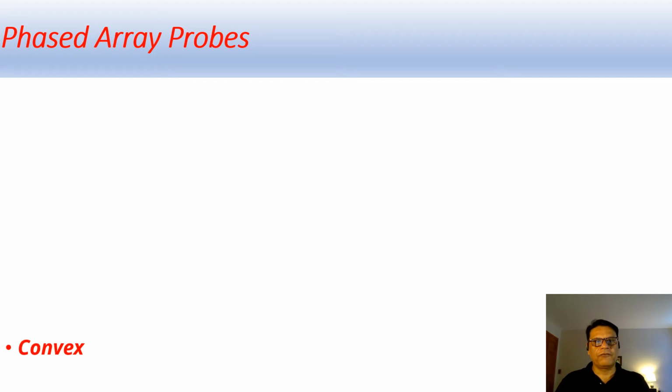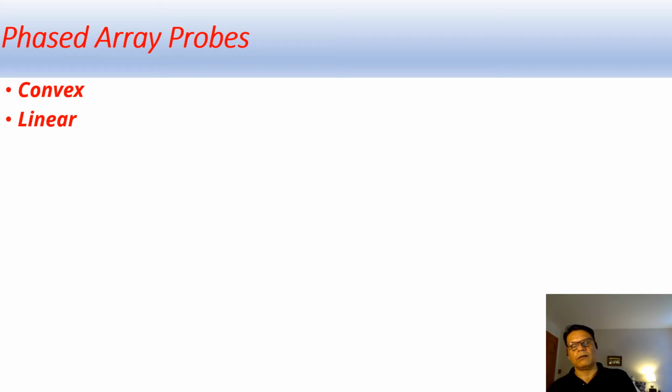So I talked about the phased array. So convex and linear are also called phased array transducer on the basis of the technology that is used by exciting the piezoelectric crystals. But as I told you, we will discuss this in a complete chapter of transducer.